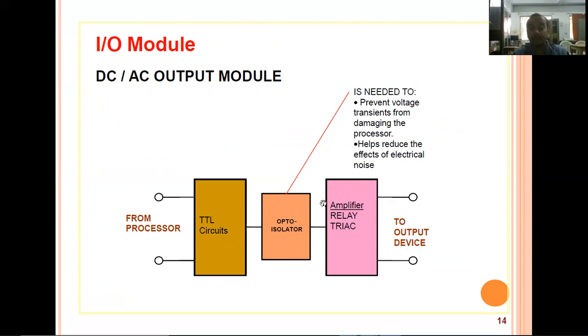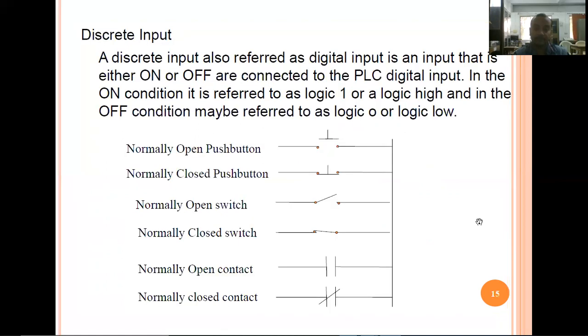After that, the amplifier or the relay, or we can say the coil, will be energized, through which the output is given to the final control elements. So this is again the part of the IO modules through which the output from the processor goes at last to the output device or the final control elements.